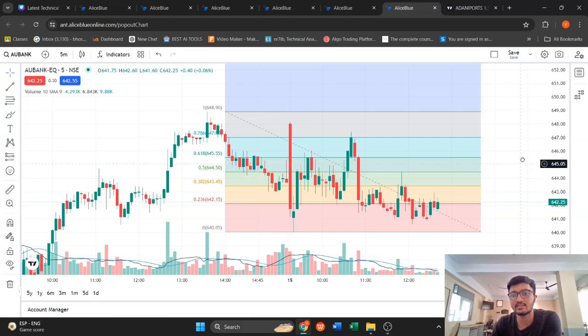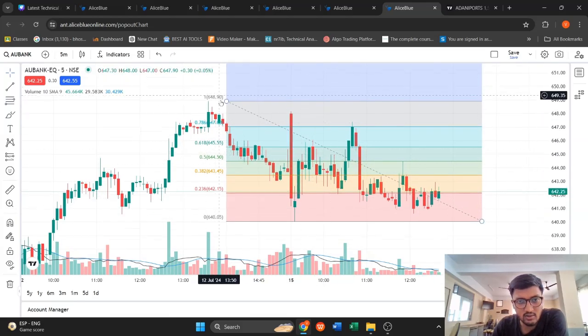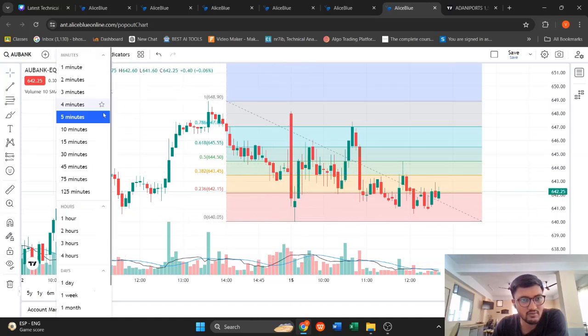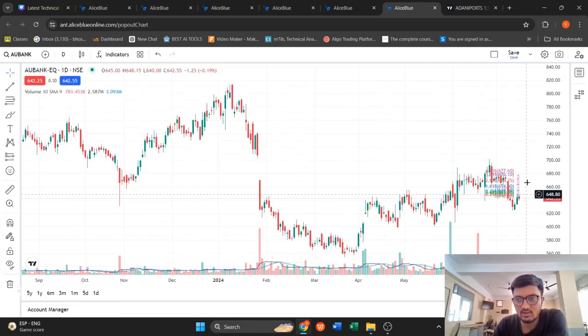If you remember, it takes resistance at all these percentages. So you can see, this was the high, this was the low, and it is on a 5 minute time frame. I'll just switch to the 1 day time frame to get a clear picture, and I'll just remove this small Fibonacci.